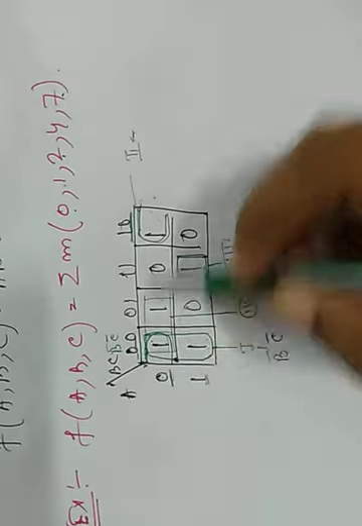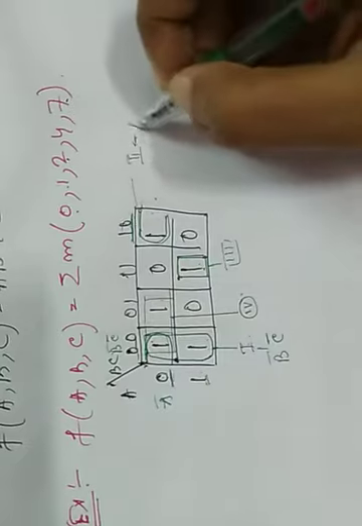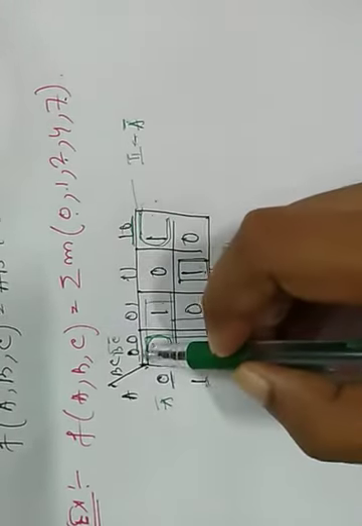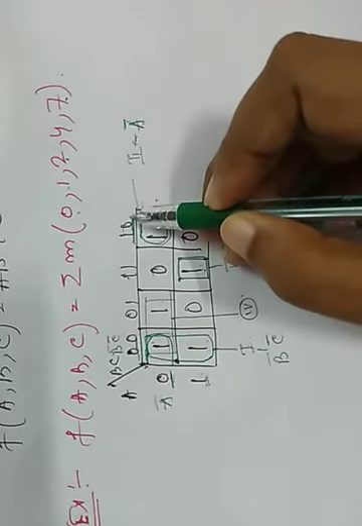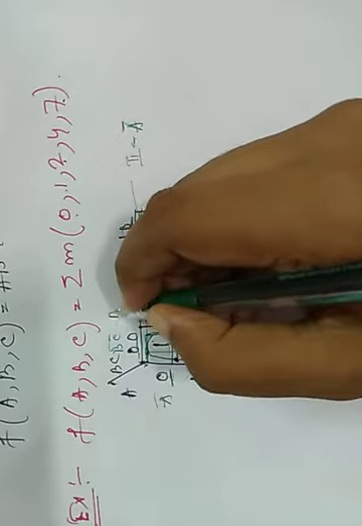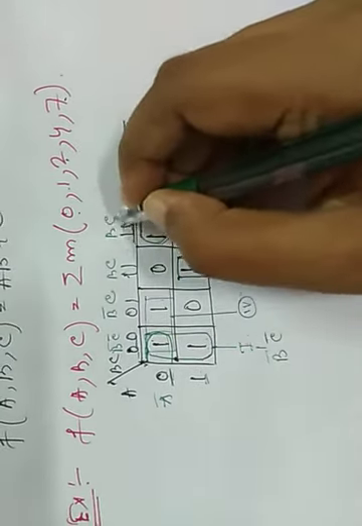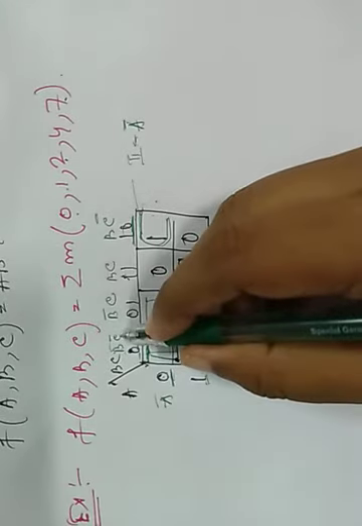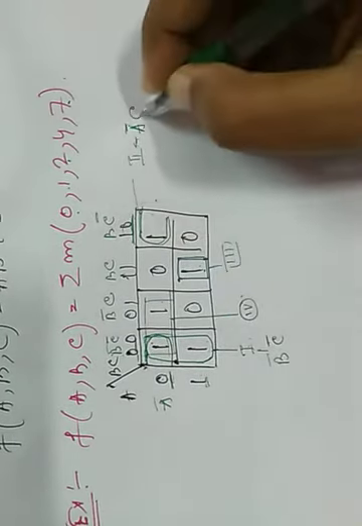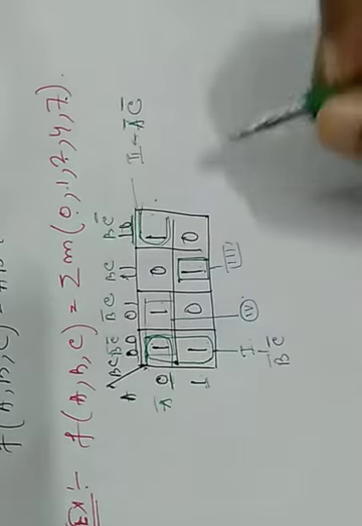In a single, we have to consider both the row and column. For the row, as it is a single row, A 0 means A bar, so A bar should be considered, and for these combinations 0 0 1 0, that means B bar C bar and B C bar. So common is C bar, so it comes C bar. Which one is common? We must take into consideration that value.